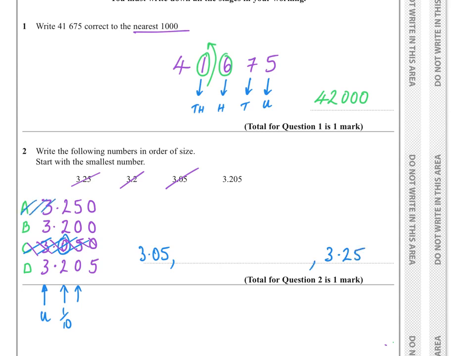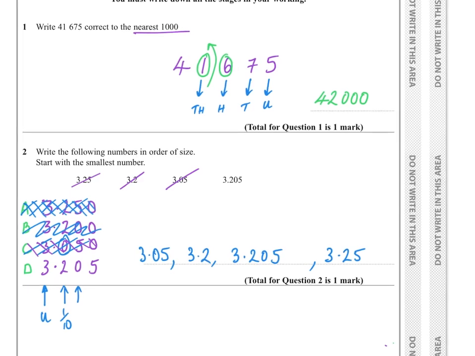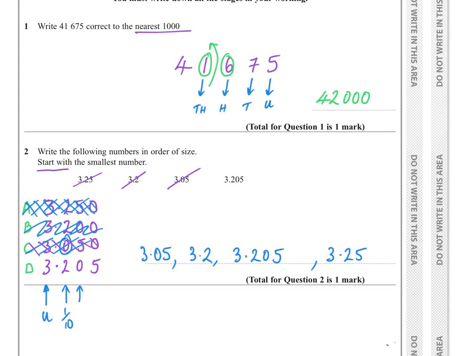But let's get rid of that because that's definitely the one in the lead. So between these two, we're at this place value now, and we can see that D is ahead of B. So 3.2 must be next, and then 3.205. Now we wanted to put these in order of size, and yes, we did have to start with the smallest number, so there we go.